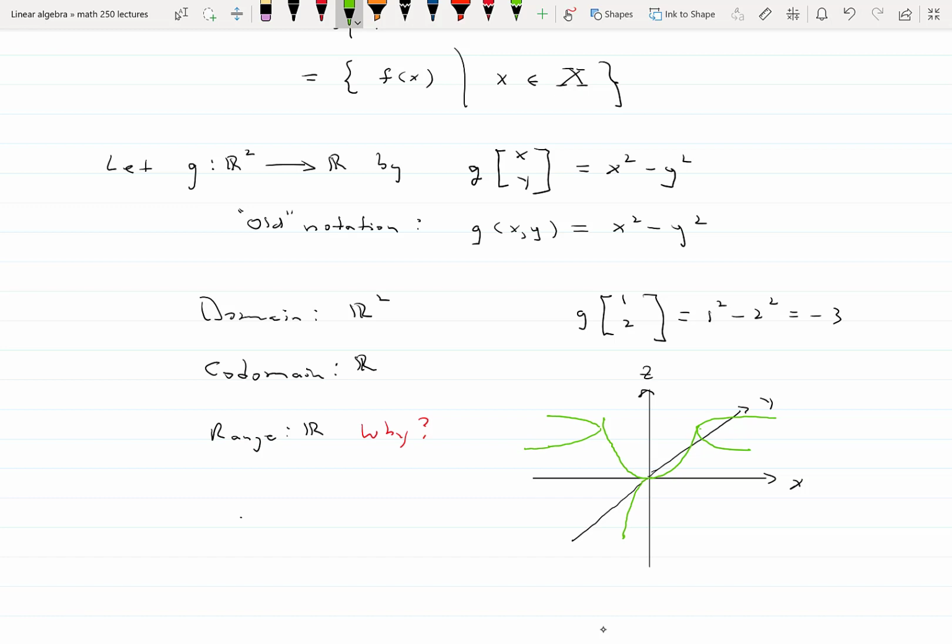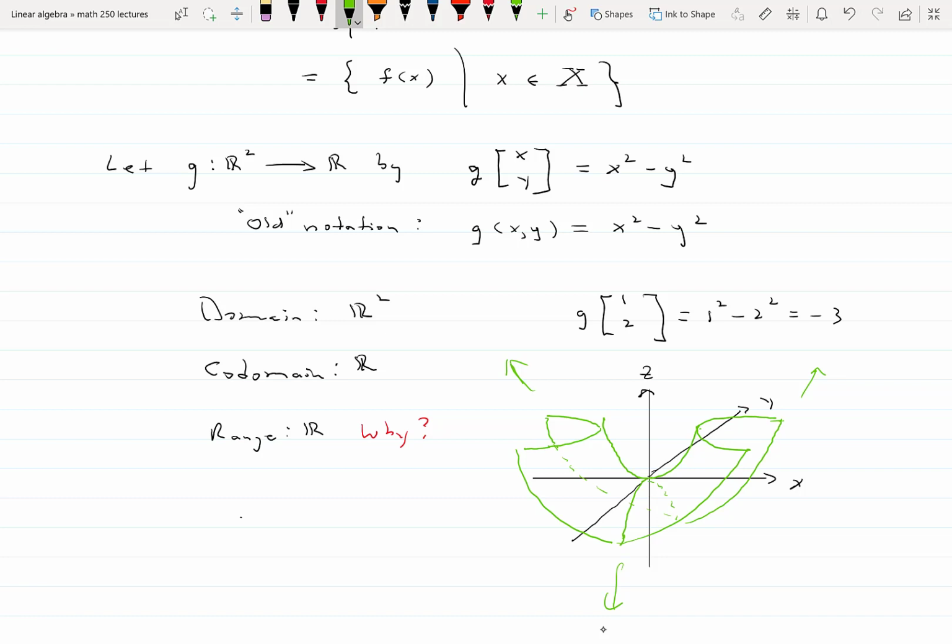But the graph nevertheless reveals that the range of this function, of this transformation, is in fact all real numbers. So it's a saddle. But this saddle extends forever up, forever down. That's important. That says that the range is all real numbers.